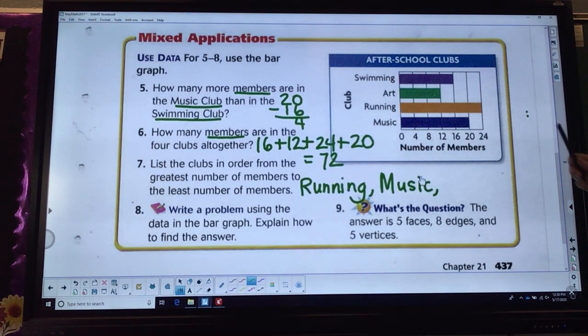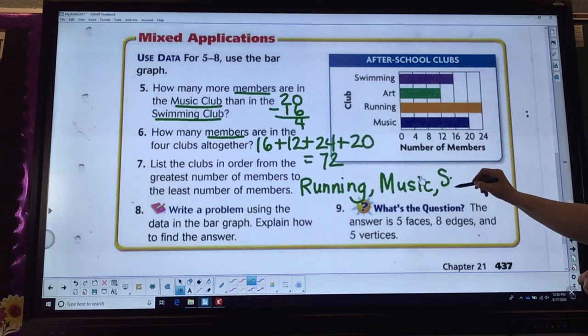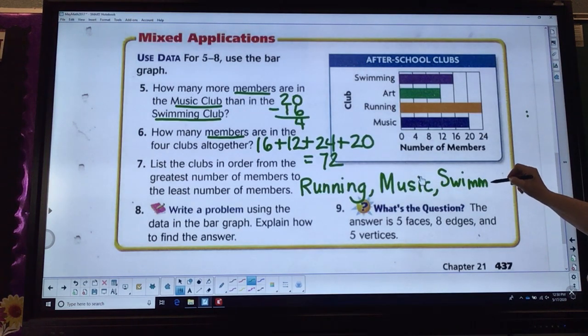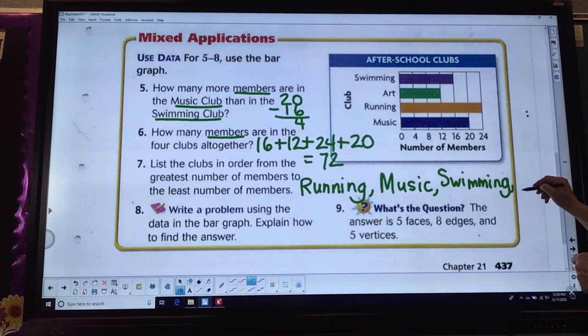Then which one? Next longest bar is swimming. And finally, what's our last one? Art. Okay.